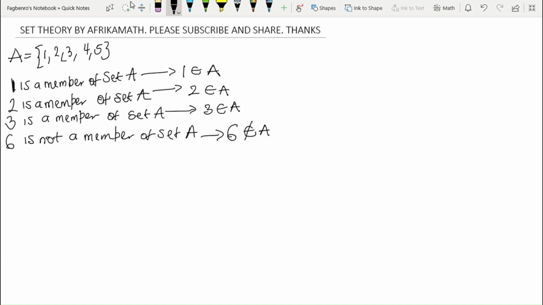In order for you to identify a set, you can have a set like A equal to 1, 2, a, b. It is also a set. But for you to identify a set, take note of the brace that we are using.